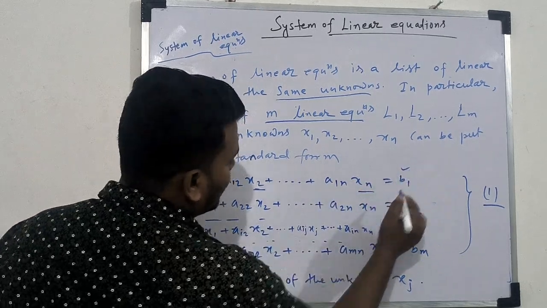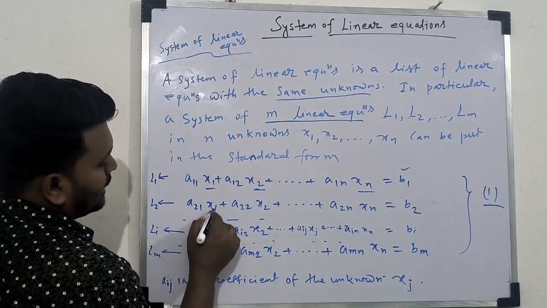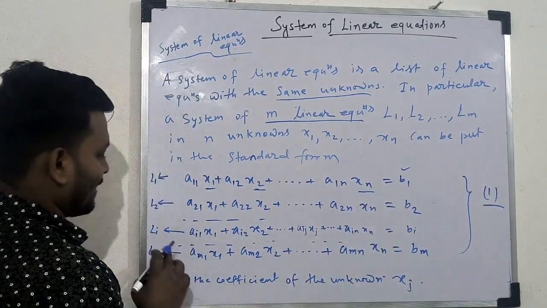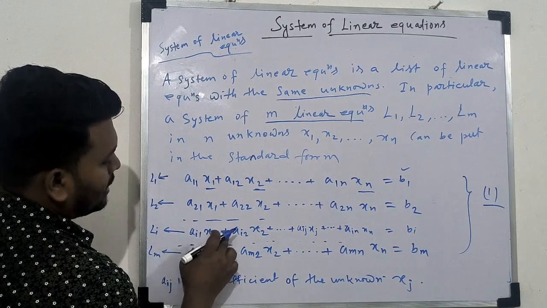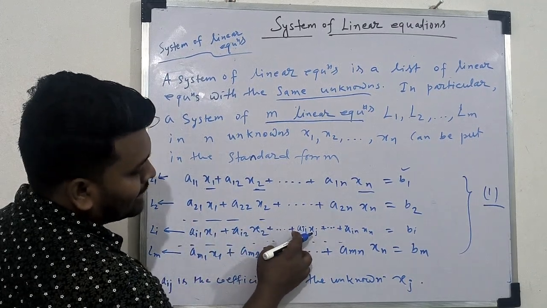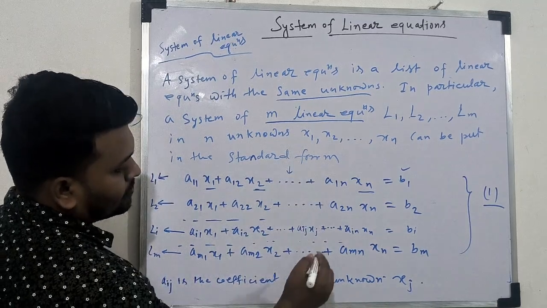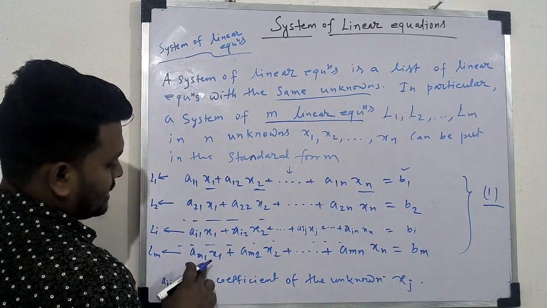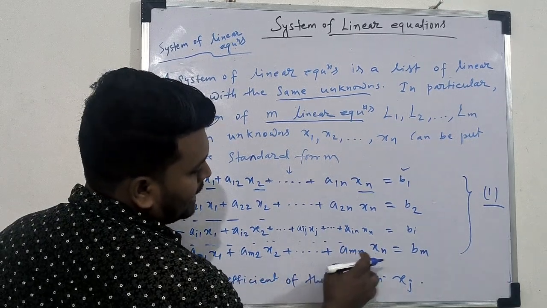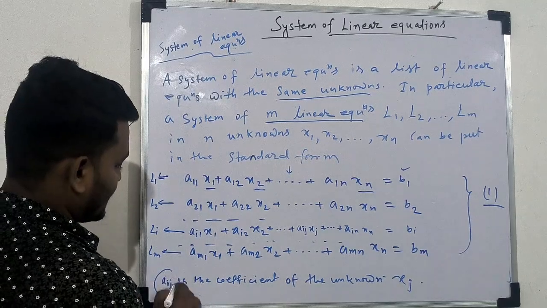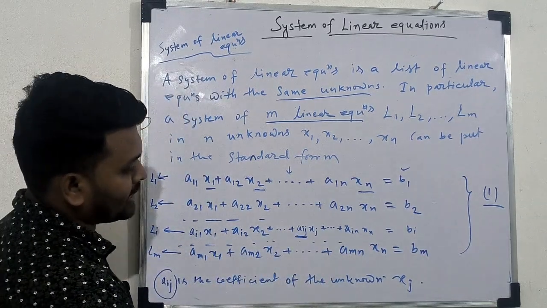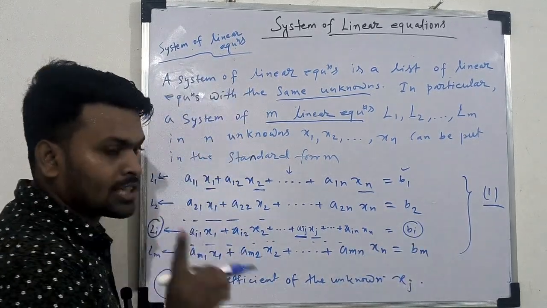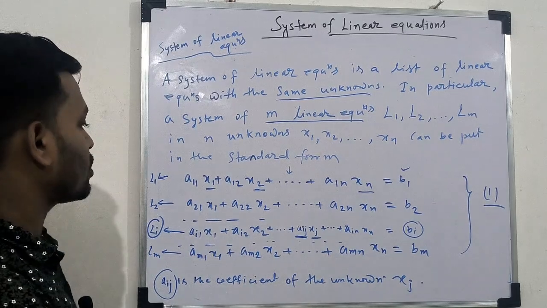The second linear equation is a21 x1 plus a22 x2 plus a2n xn equal to b2, and the ith equation is ai1 x1 plus ai2 x2 plus plus aij xj, that is here the jth column, plus ain xn equal to bi, and the mth equation is am1 x1 plus am2 x2 plus amn xn. Here aij is the coefficient of the unknown xj in the equation Li, and bi is the constant term in this linear equation Li.